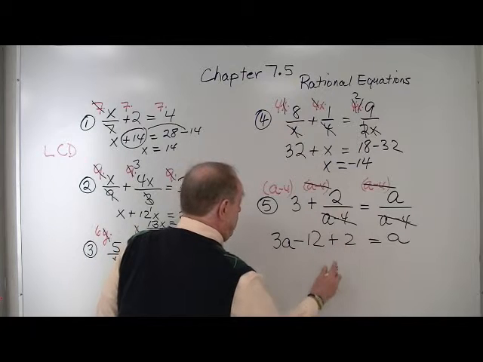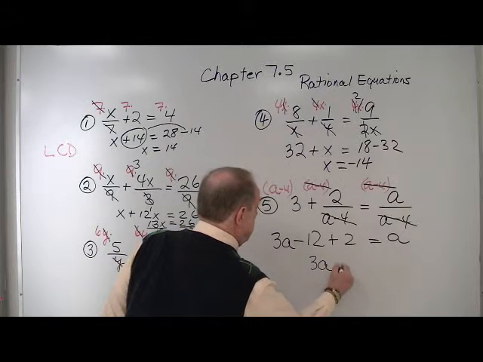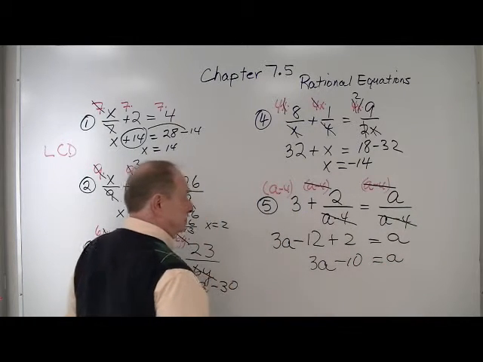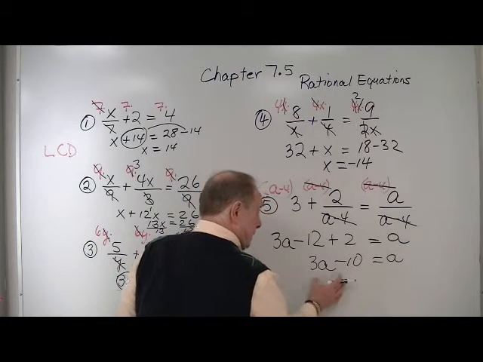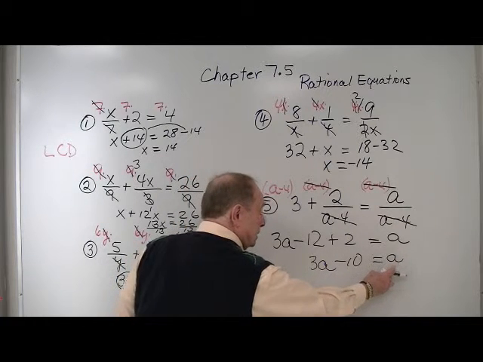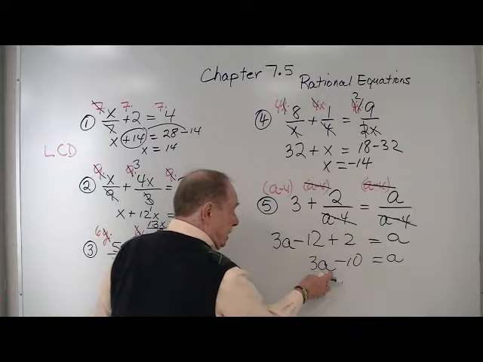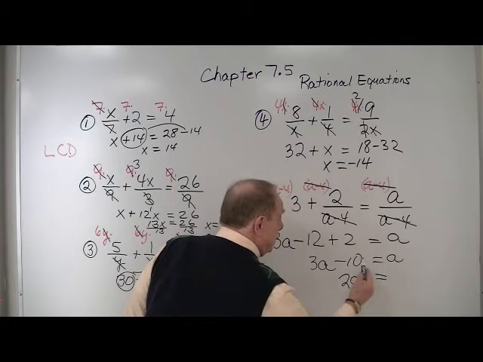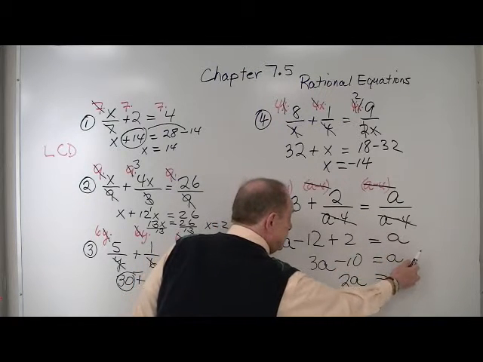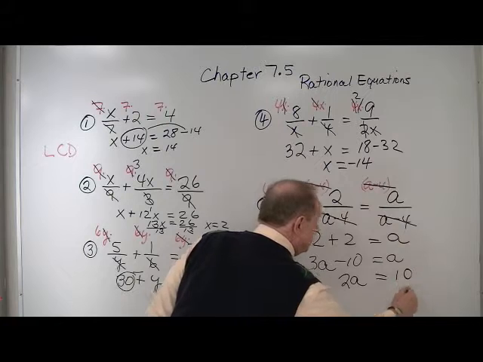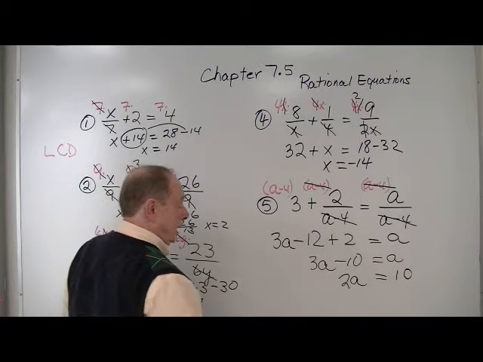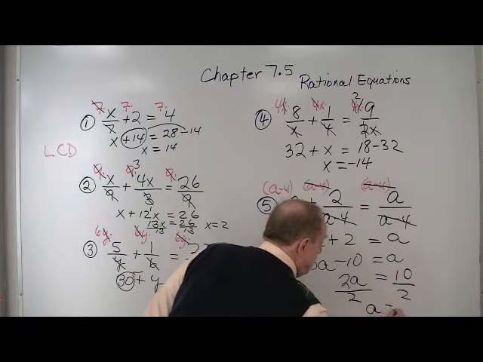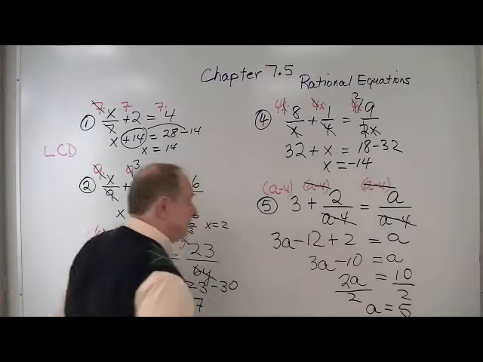And this will give me a 3a minus 10 equals a. I'm going to keep my a's on this side, so I'll bring this a over here as a negative 1a, or transpose it. This gives me a 2a. Bring my negative 10 over to the other side. That gives me a positive 10. And I divide both sides by 2. I get a equals 5.